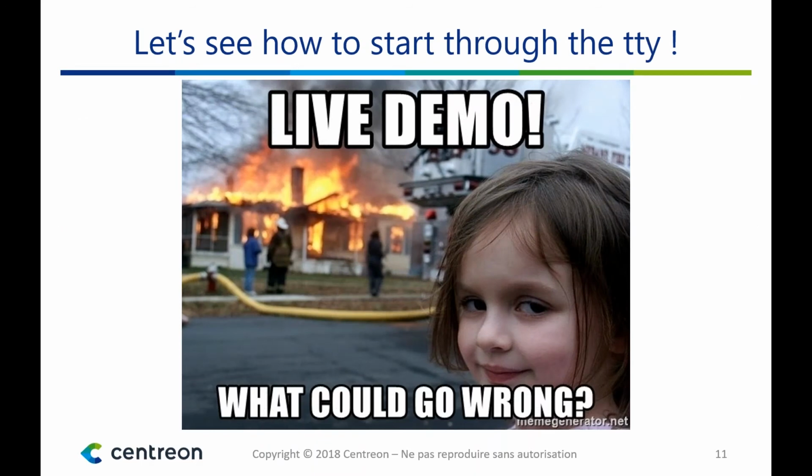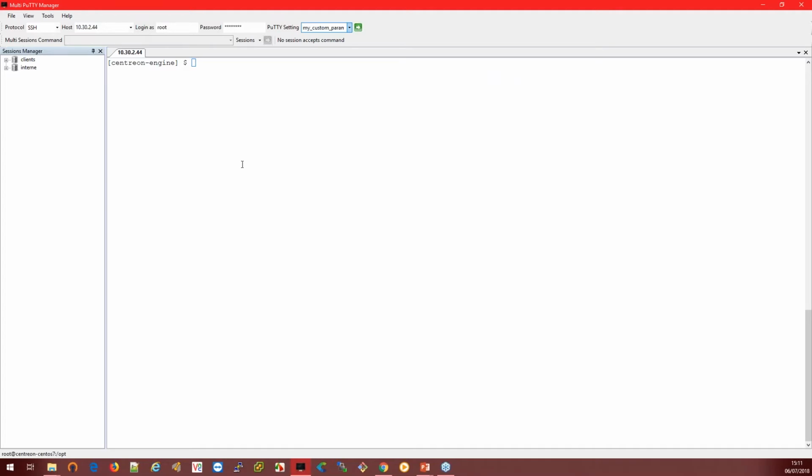Now let's see how to start with Centreon Plugins through the TTY with the live demo. I don't really have a prepared demo, so actually that could go wrong. Let me grab a TTY.